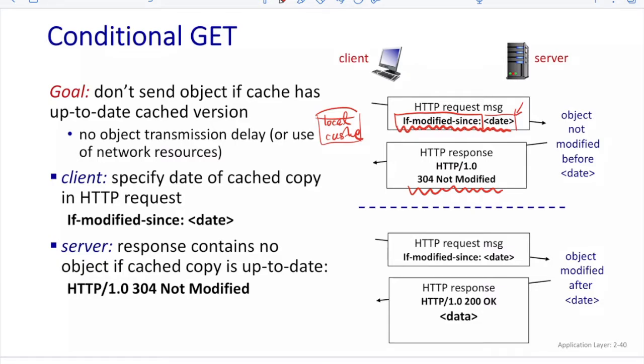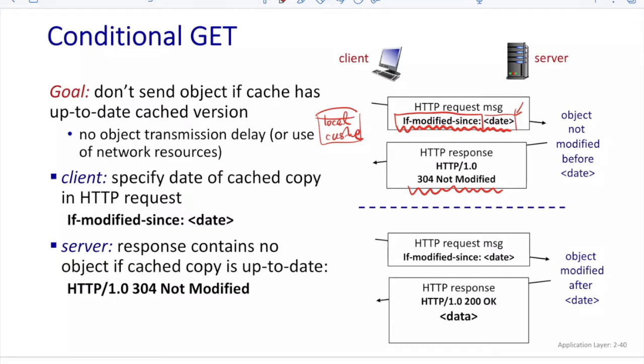The local cache here is just a temporary folder in the client host, and as you know, your browser will save all the retrieved objects in its local cache. It is a temporary folder, so the client can find the not modified object from its local cache, so that they don't have to transmit through the entire internet again. So that is more convenient for the client, and it can save certain bandwidth, right?